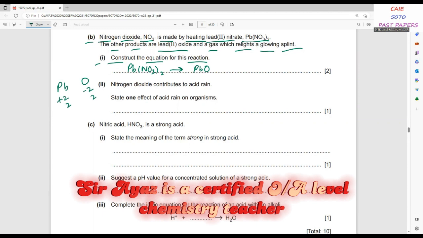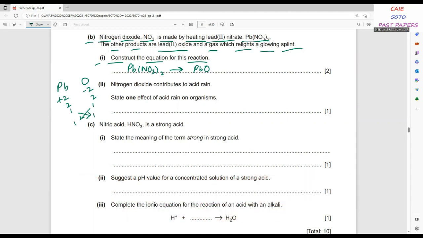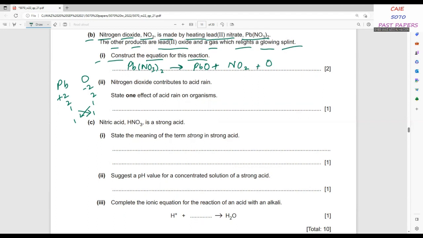Ignoring their charges, these will be simplified, the subscripts will be exchanged, and you will get PbO plus a gas. Nitrogen dioxide is produced, and a gas which relights a glowing splint, which is oxygen.